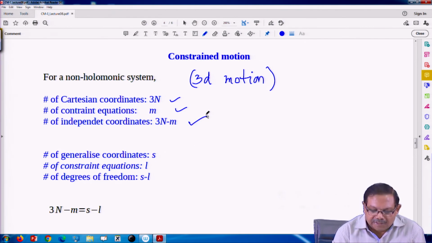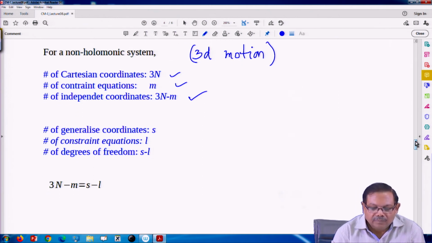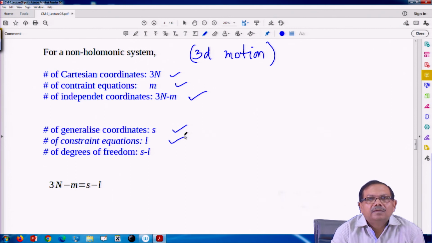Now, by inspection I find out there are S generalized coordinates I require to locate its position, and in generalized coordinates also we find there are L equations of constraints, but I cannot reduce my degrees of freedom because there is a non-holonomic constraint.